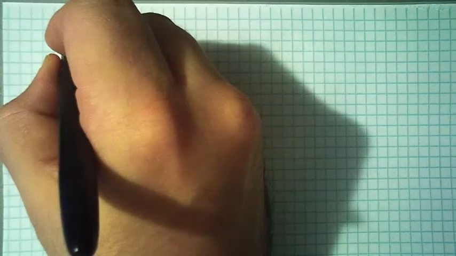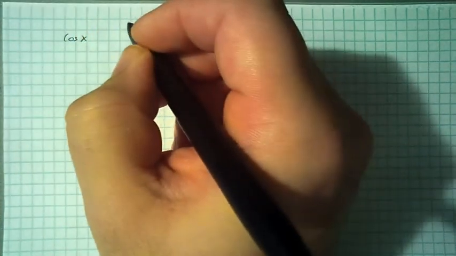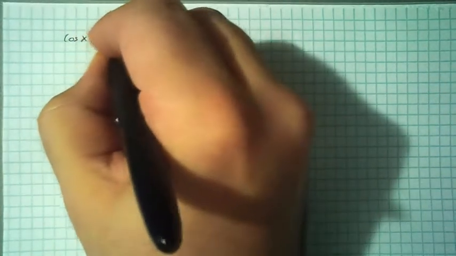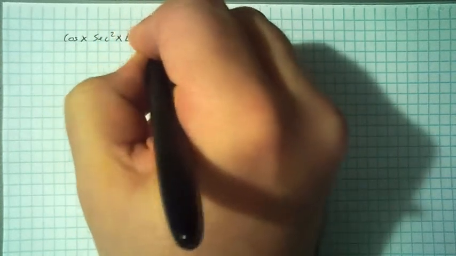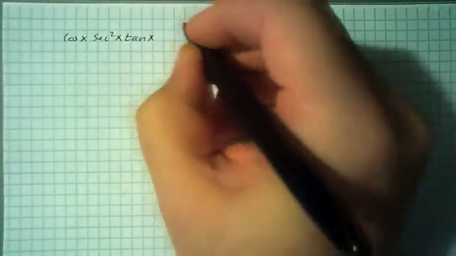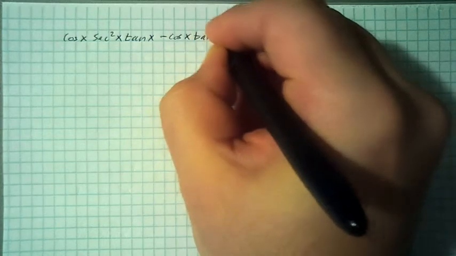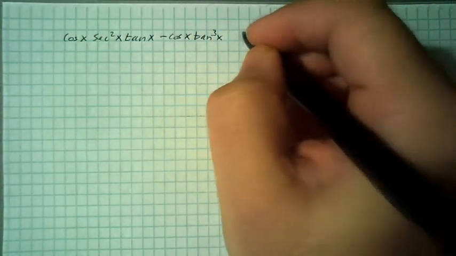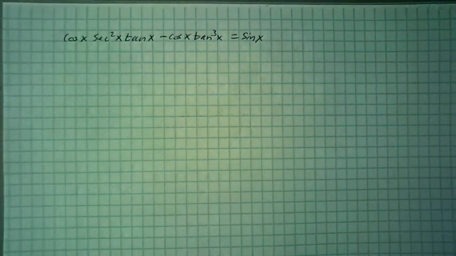Cosine x times secant squared x times tangent x minus cosine x tangent cubed x equals sine. Well, clearly the left side is more complicated.